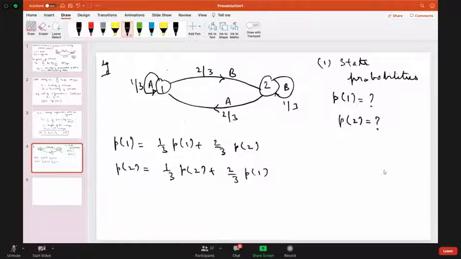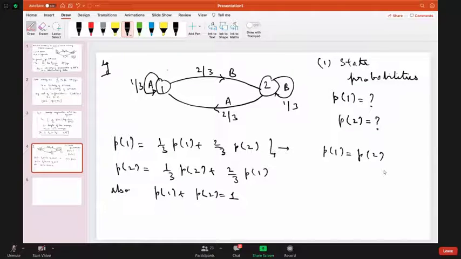Also, since there are only 2 states, the probability of 1 plus the probability of 2 will always be equal to 1. If you solve this problem, both of these equations give you the condition that the probability of 1 is equal to the probability of 2.